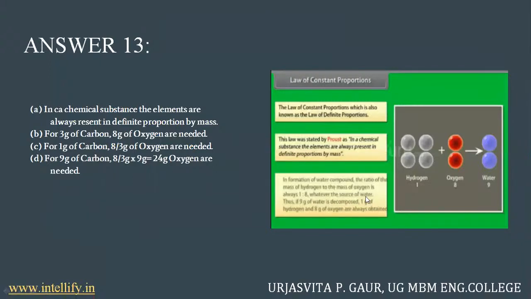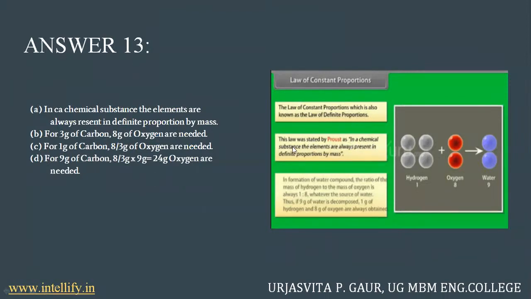So firstly, in the first part, we're going to state what the law of chemical proportion is. Any chemical substance always contains elements in definite proportions by mass. So basically, it can also be put as the law of definite proportions, which was stated by Proust.